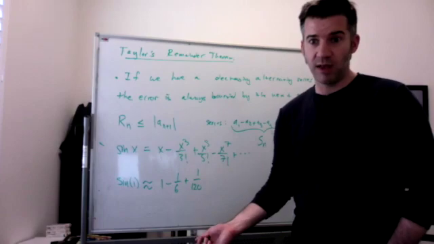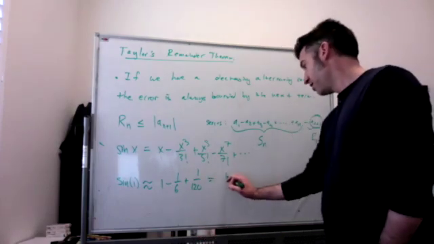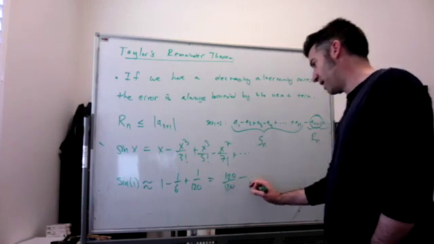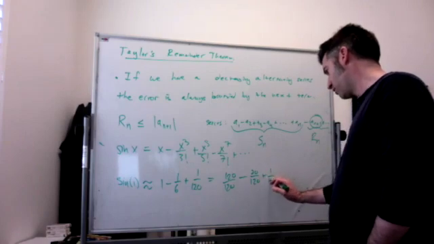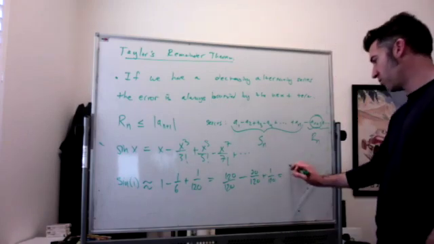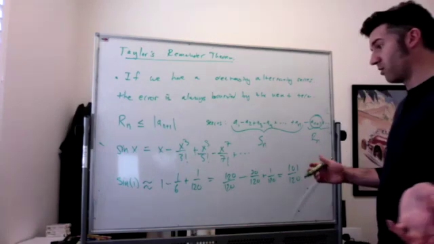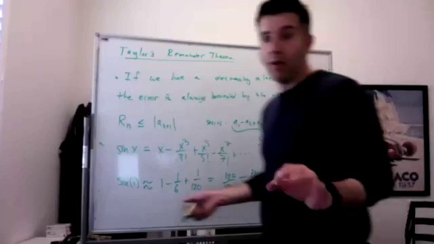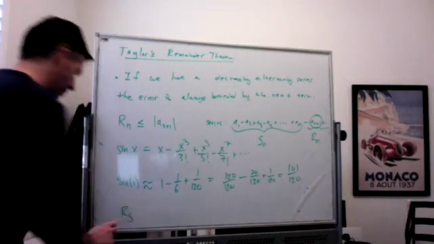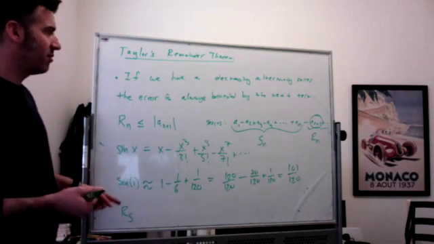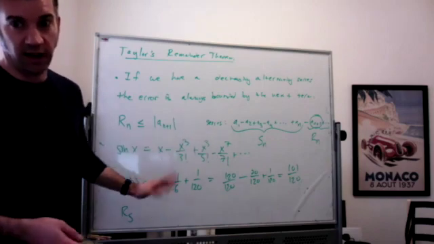Adding those together, 120 over 120 minus 20 over 120 plus 1 over 120, that's going to be 101 over 120. This is not exactly right, but we can be sure about the error. I would say R5, because I'm stopping at the 5th degree term.